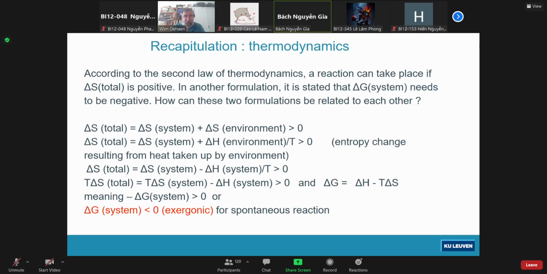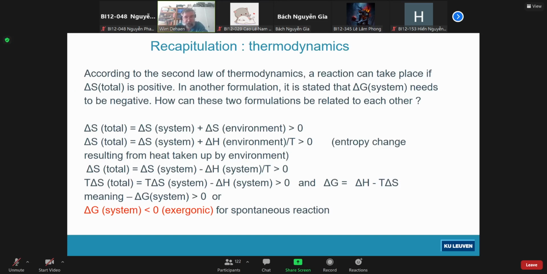In fact, we can easily derive that, because in the first formulation, the total entropy change we can define as the one of the system and the one of the environment added to each other, and that has to be positive. We can say that the environment will heat up, and this heat is the delta H divided by T. So we can replace it.